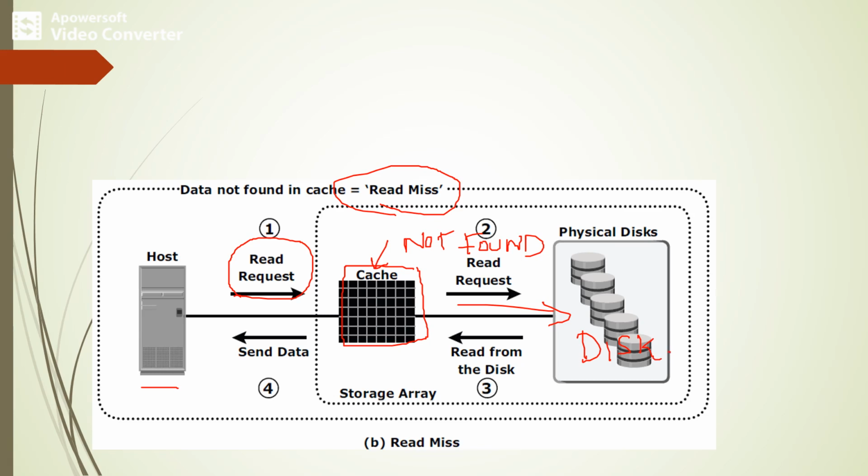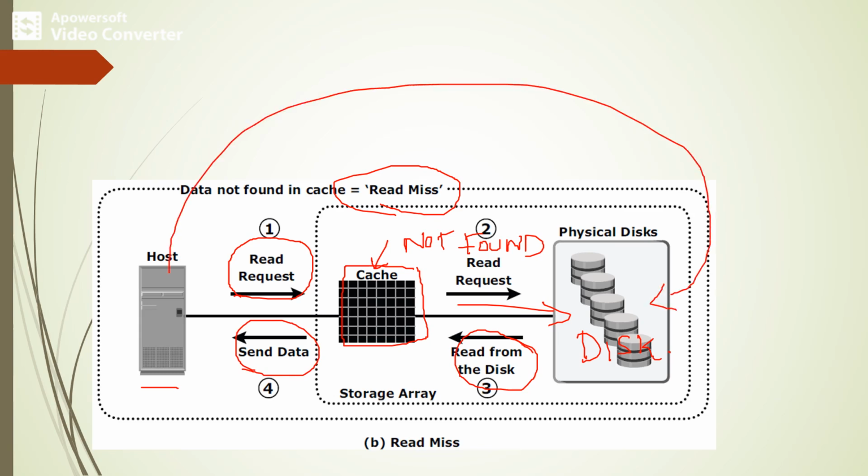Now the disk transmits the data to the cache, and after that the data is transmitted to the host. So the host is not allowed to access the physical disk directly. Instead, data is copied into the cache first. After that, the data can be transmitted to the host. That is called a read miss.